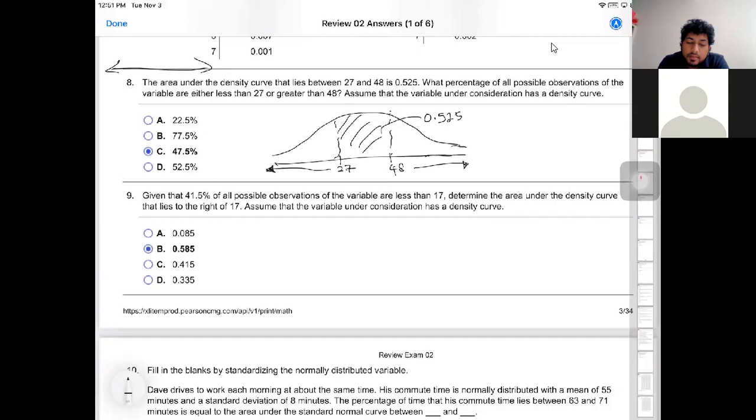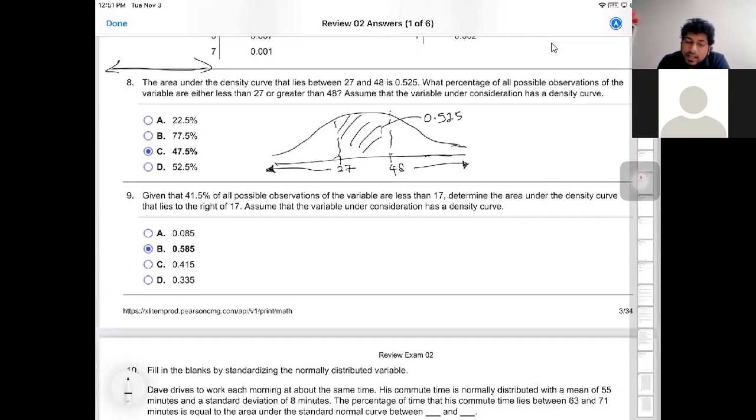They have given this much area between 27 and 48, right? So you need to find the area less than 27 and greater than 48, and convert it to a percentage.